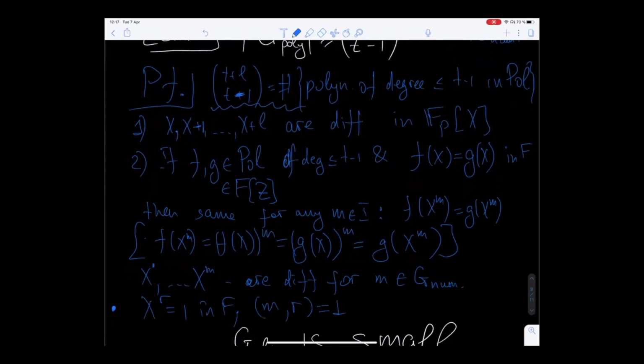Thus, all these x^1, etc., x^m are different when we run over elements, whether these degrees are running over elements of the group genome.